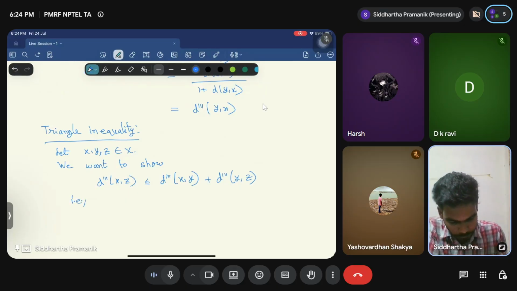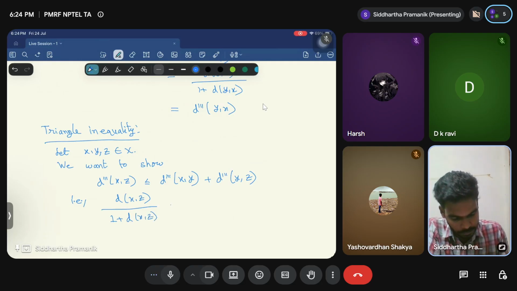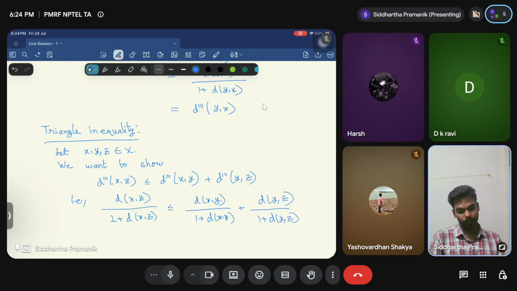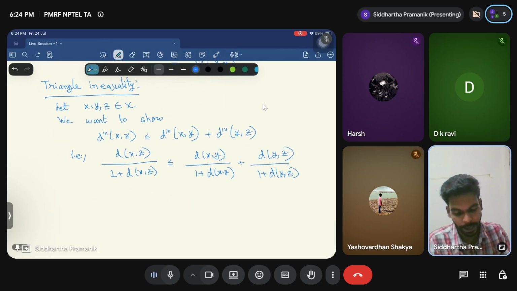This is basically d of x, z by 1 plus d of x, z less than or equal to d of x, y by 1 plus d of x, y, plus d of y, z by 1 plus d of y, z. This thing we want to prove, and what we have.